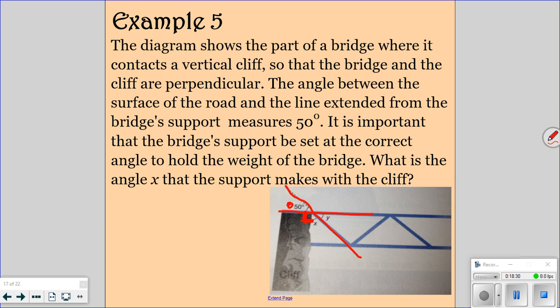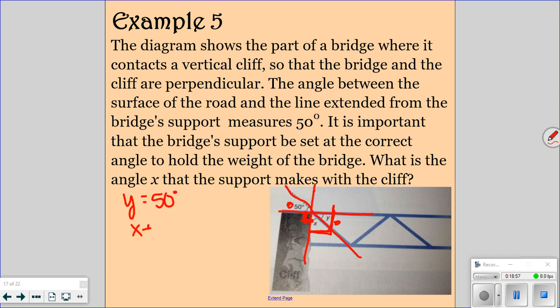So how is this 50 degrees and this y degrees, how are they related? They are vertical, so that means that 50 and y have to equal each other. And then also, if this is a right angle, we can draw a line here, and that means that these two would have to be a right angle as well.